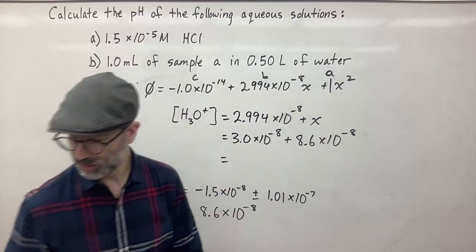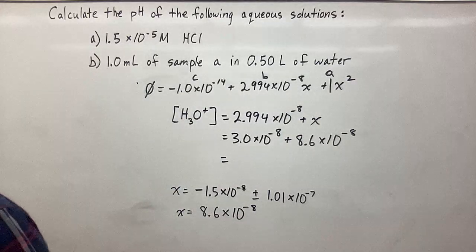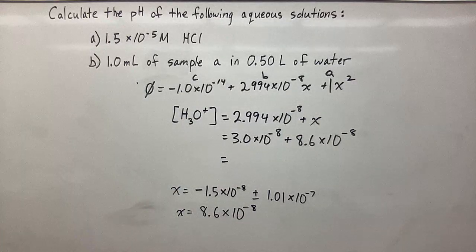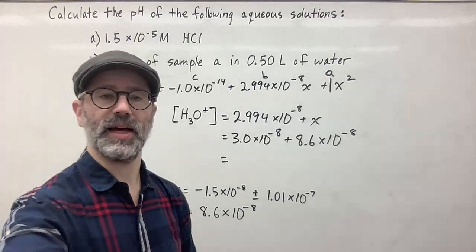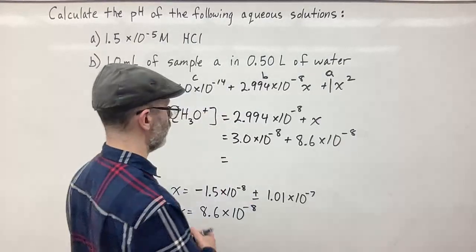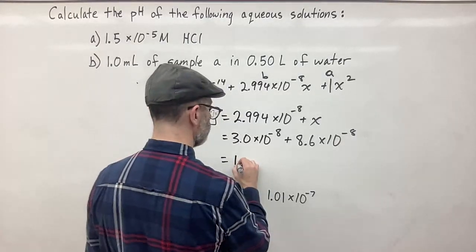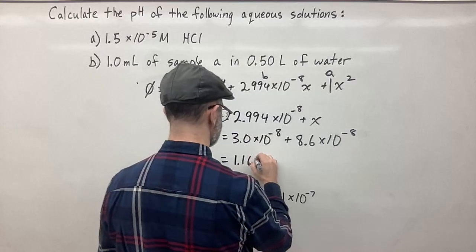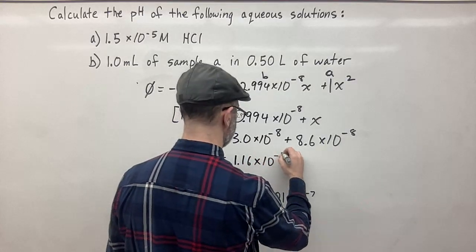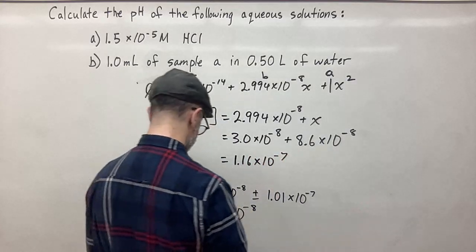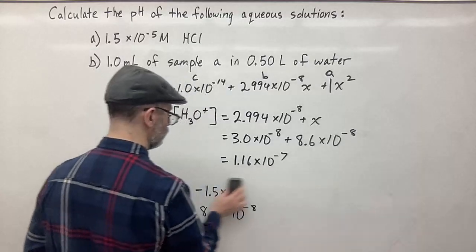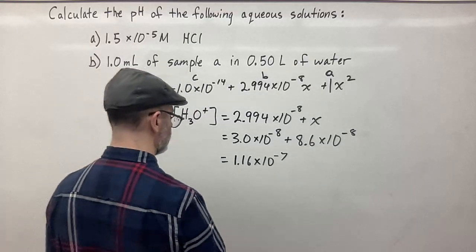And we should get a total of, let's calculate that, 1.16 times 10 to the negative 7. And then to find the pH, all we have to do is take the negative log of that number.